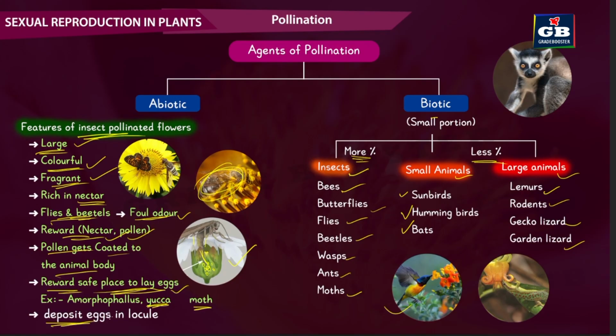The moth deposits the eggs in the locules of the flower. Examples are Amorphophallus and Yucca. These are the examples of flowers which provide a safe place to lay the eggs. So these are the features of insect pollinated flowers, and these are the different biotic agents of pollination: insects, small animals and large animals.